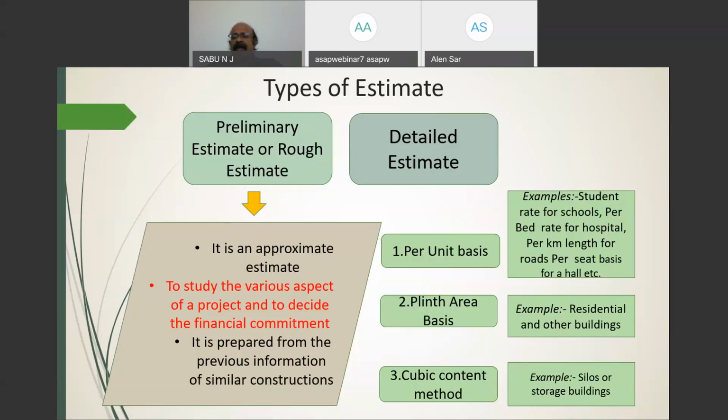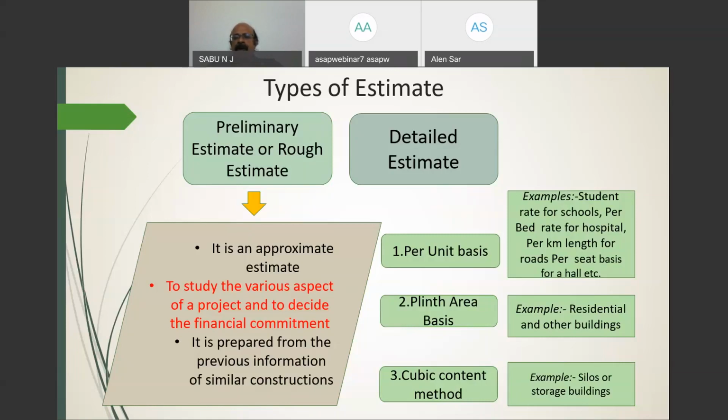So we can easily adopt the rate on a unit basis, that means a per student rate for the school. How many students are to be accommodated, and its purpose is to impart education through the school. So we can ascertain that this much area or this number of classrooms is required, and we can easily work out its cost estimate on a per unit basis.